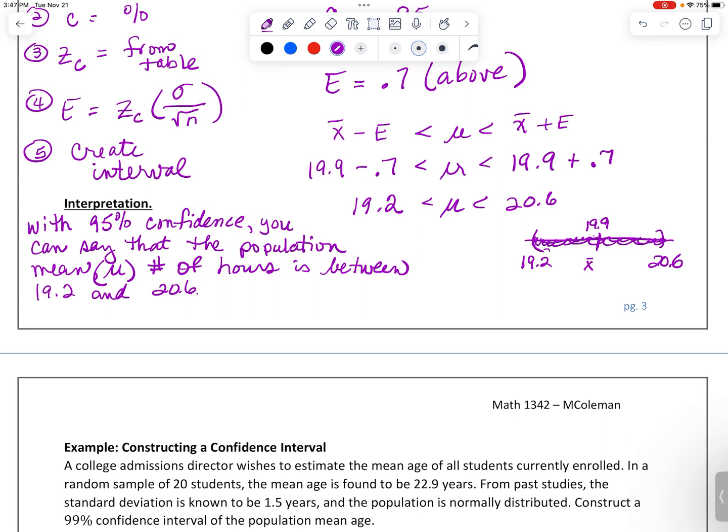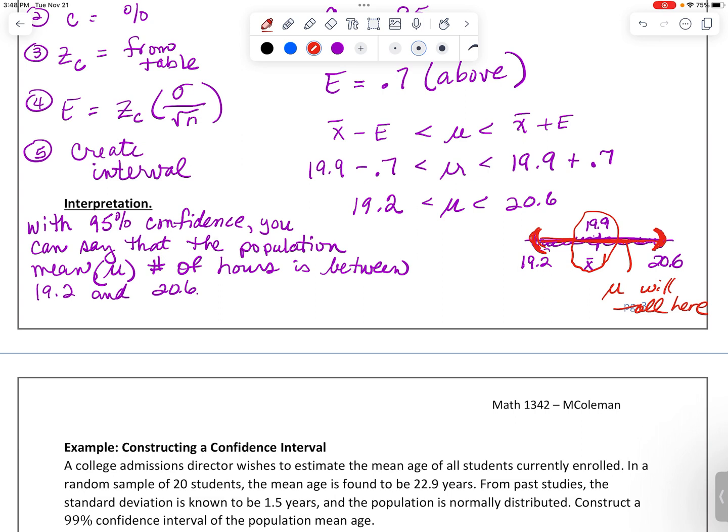So again, this is your x bar, and we're saying that the x bar of 19.9 guarantees me that somewhere in this interval my mu is going to fall. So mu will fall here. Somewhere in this interval is where your mu will fall. Remembering again, your mu is your population mean.